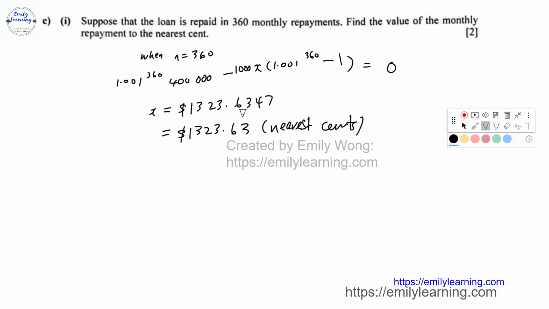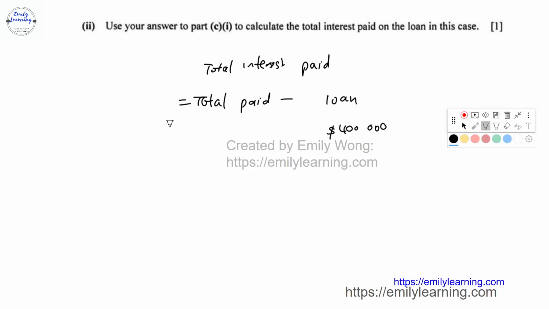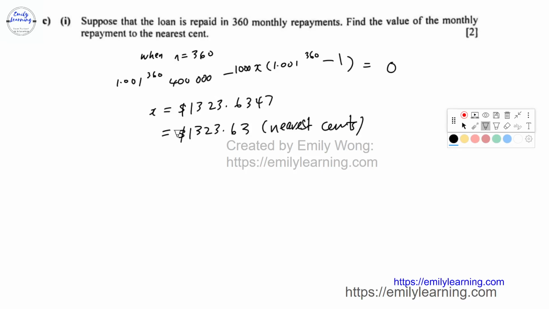So the total interest paid is simply equal to total paid minus the loan. And we know that the loan is $400,000. How much did she pay in total? We know that each month she paid 1323.63.